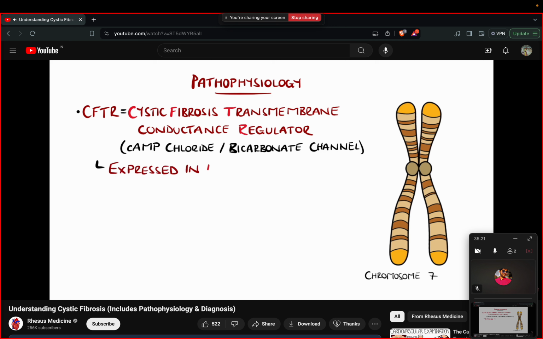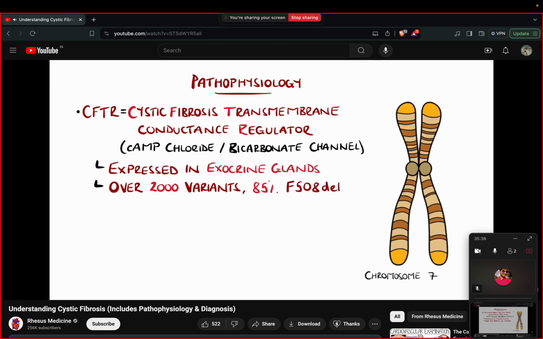This protein is primarily expressed in the exocrine glands. Those are the glands that release secretions through a duct to an epithelial surface, and over 2,000 defective variants to date have been found in this gene. But around 85% of cases are due to the variant F508 deletion that causes misfolding.